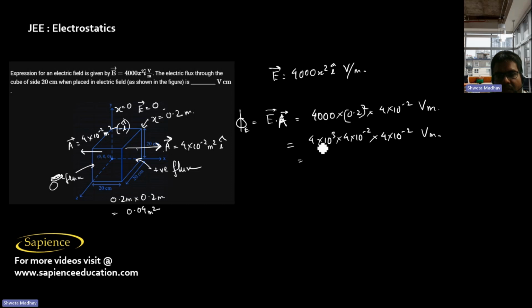So this will be 6.4 volt meter. Now 1 meter equals 10 power 2 centimeter, so this will be 640 volt centimeter. So 640 volt centimeter is the electric flux through this cube. So 640 is the answer.